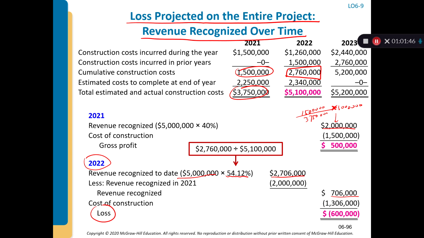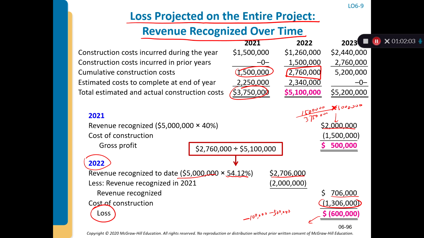And you know that you have already incurred a loss of 600,000, because 600,000 equals minus 100,000 minus 500,000, right?